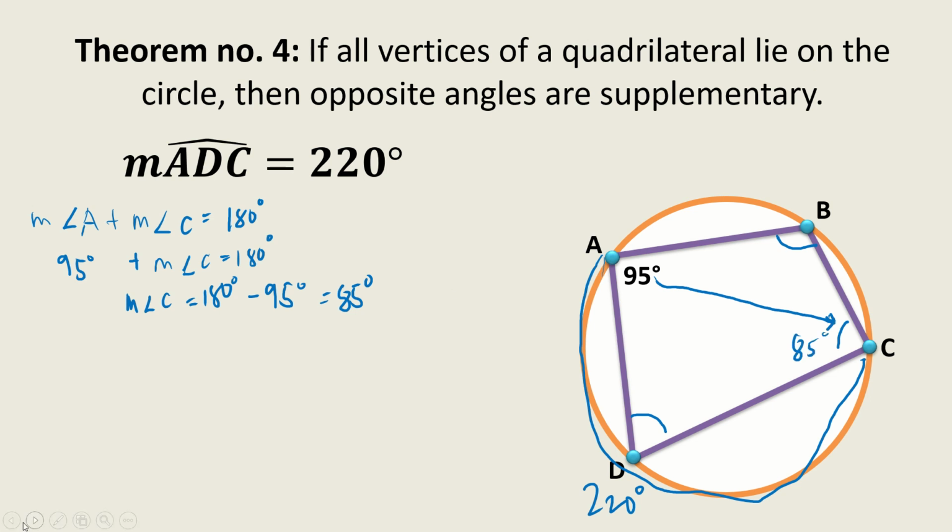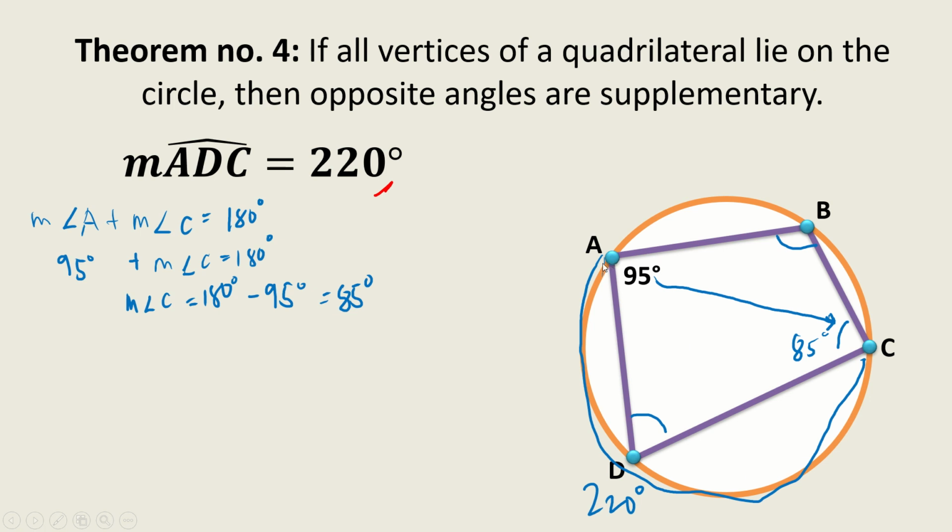Next naman po, ano naman pwede nating sunod na makita? Saan natin gagamitin tong si arc ADC? Okay, tingnan po natin si arc ADC. Ito pong arc na ito ay isang intercepted arc.